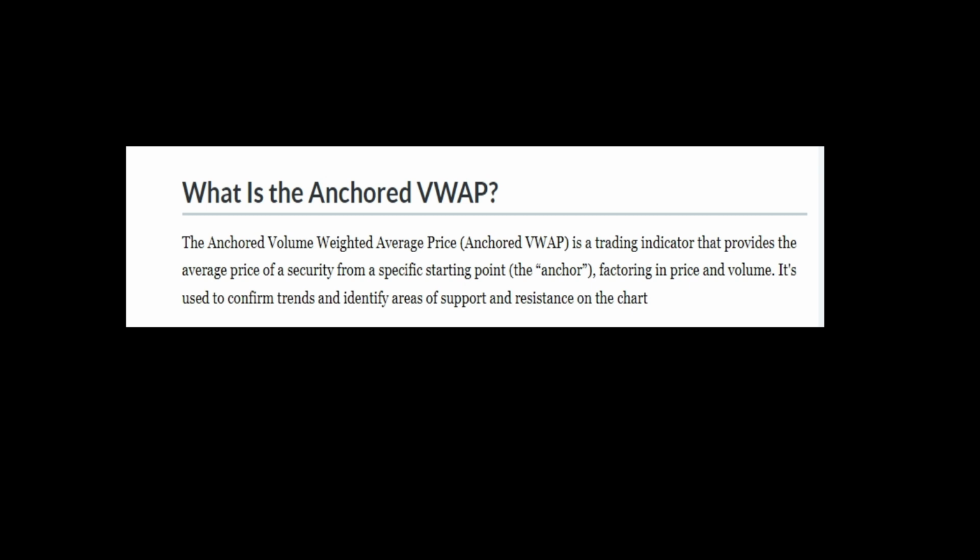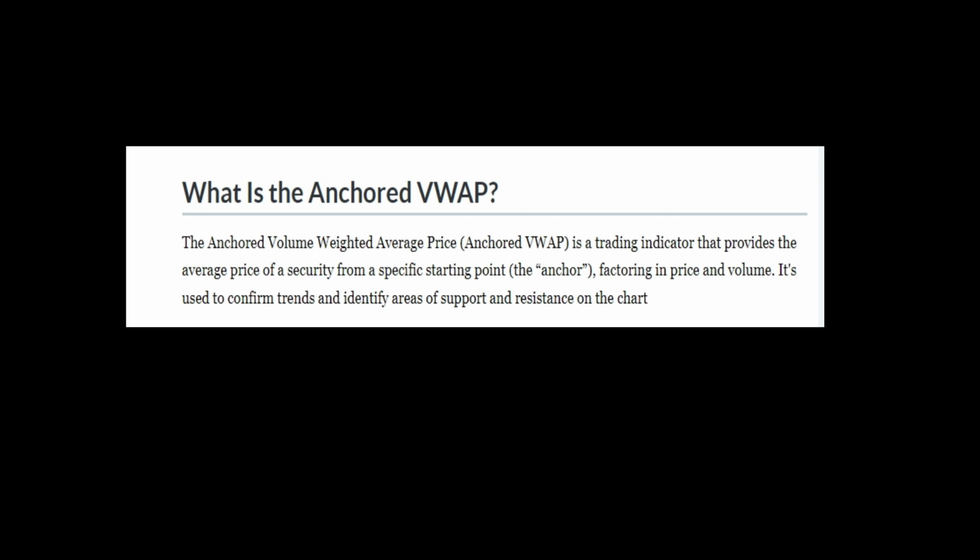A VWAP is a very popular indicator amongst day traders. An anchored VWAP is more so for swing traders, and day traders can use it if they want to attach it to a swing high or swing low. And it acts as support and resistance time and time again, and if it's trending up or if price is trading above it, stuff like that.